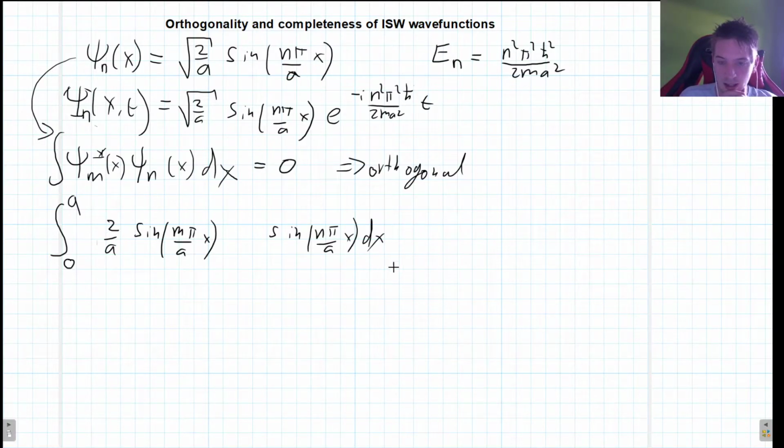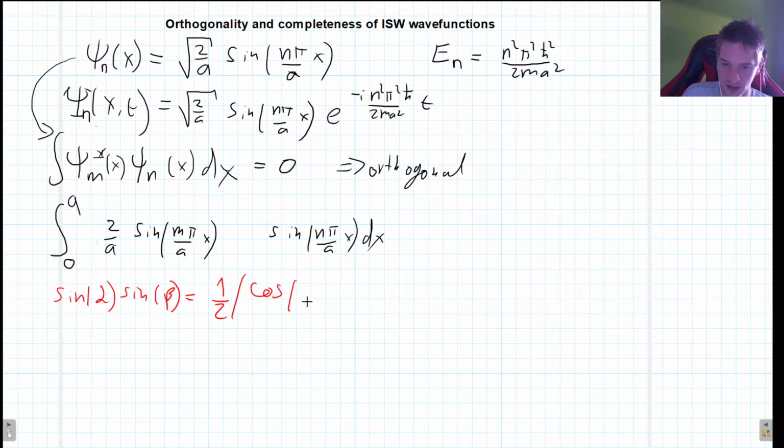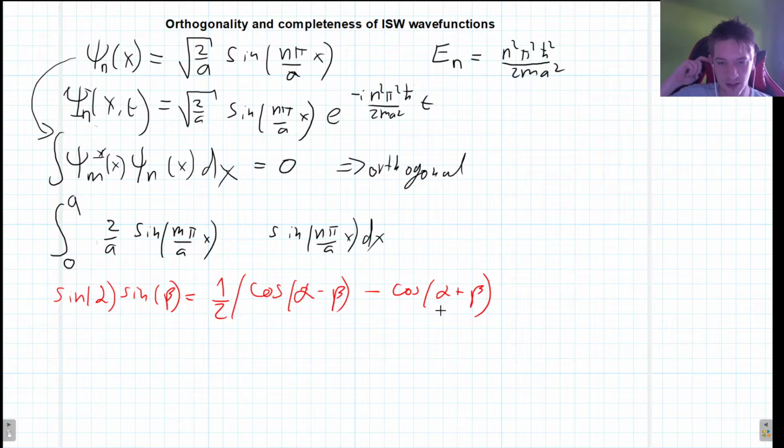Okay, so how do we do this integral? The way to do it is to remember that there is a trigonometric identity that says that the product of the sines of alpha and beta is just going to be a half times cosine of alpha minus beta minus cosine of alpha plus beta. So now we can transform this into an integral that is going to be way easier to solve.